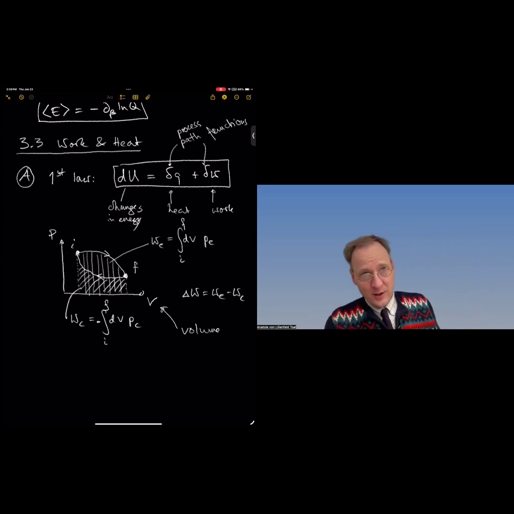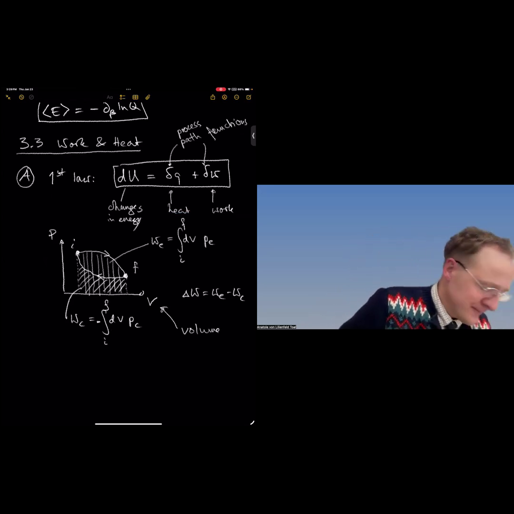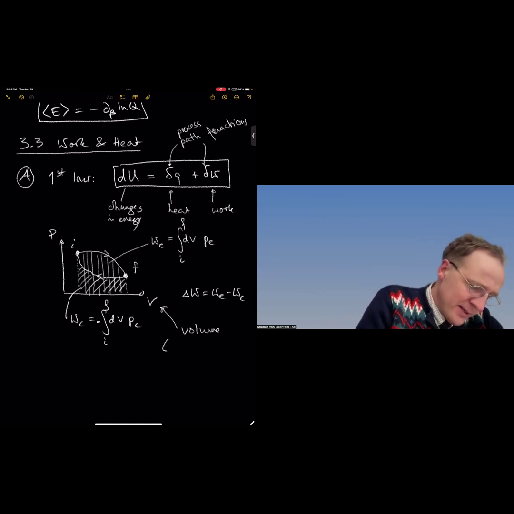So we integrate over the volume change, right? So in other words, my delta W is a dV times the pressure.